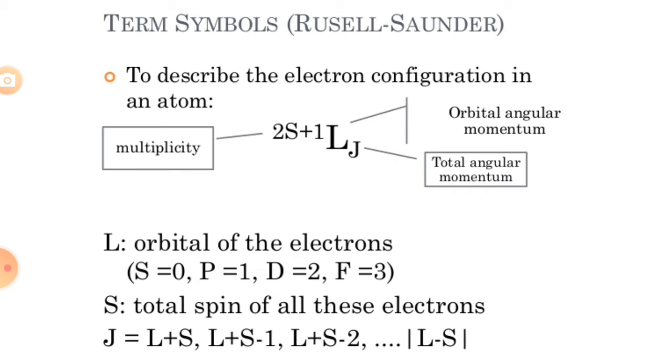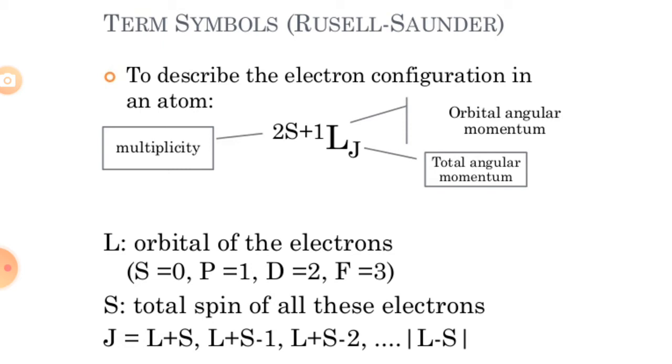So the lowest energy term will be the one with maximum number of unpaired electrons. If there are different terms like doublet P, singlet P, triplet P, the lowest energy term will be the one with highest multiplicity. If the 2S plus 1 value is high, then we can use that term as the ground state. Okay, this is the first rule.